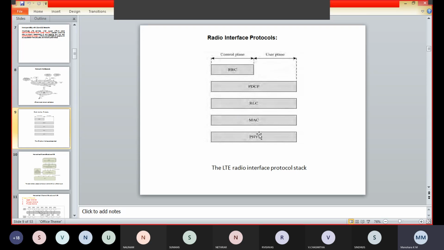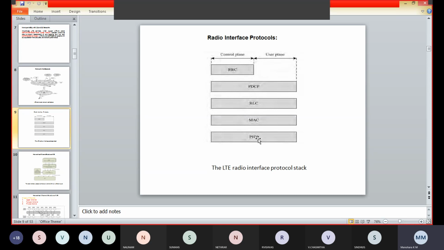The PDCP sublayer includes the IP packet header compression and decompression based on the robust header compression, that is ROHC protocol, ciphering of data and signaling, and integrity protection for signaling.